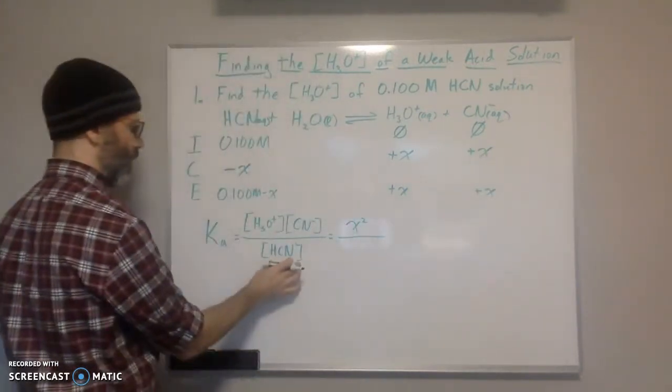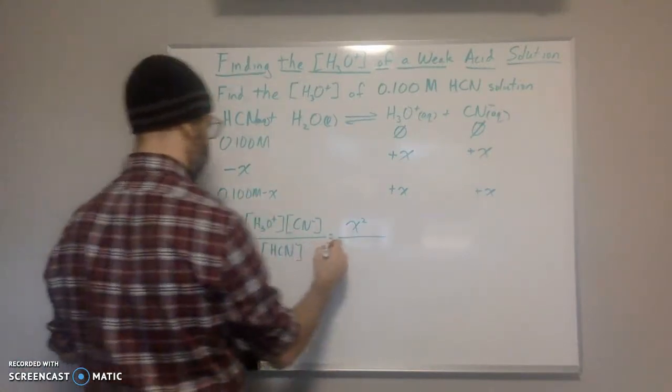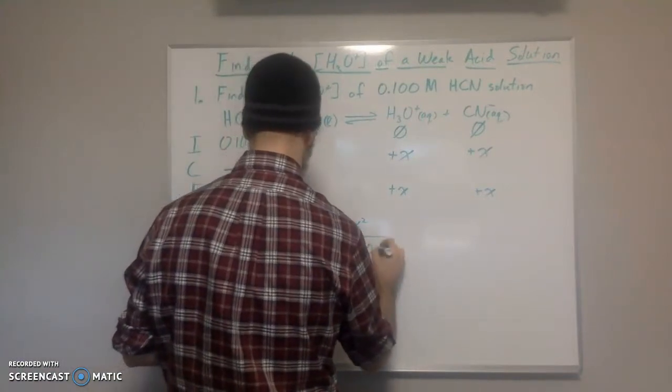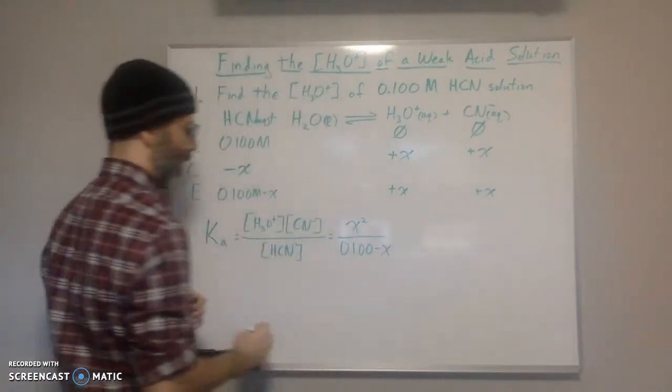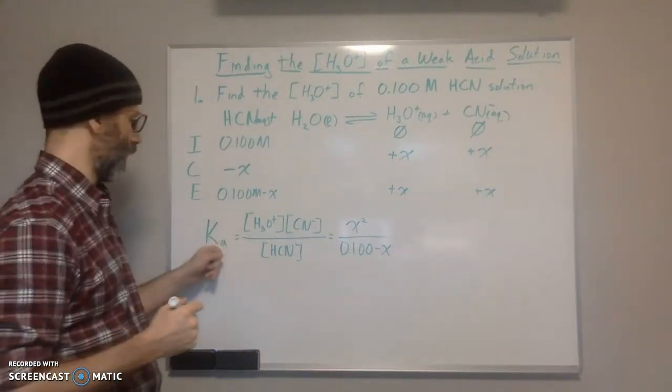And then we have the expression for the concentration of HCN, which is 0.100 minus x. And again, this is going to be equal to the Ka value.